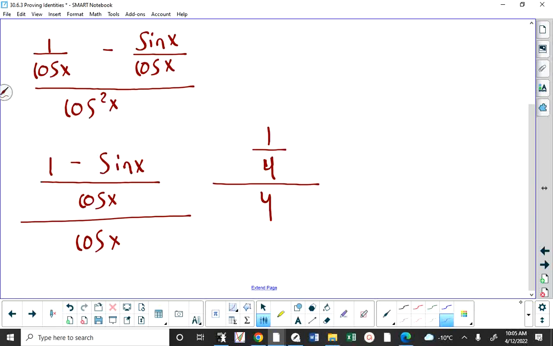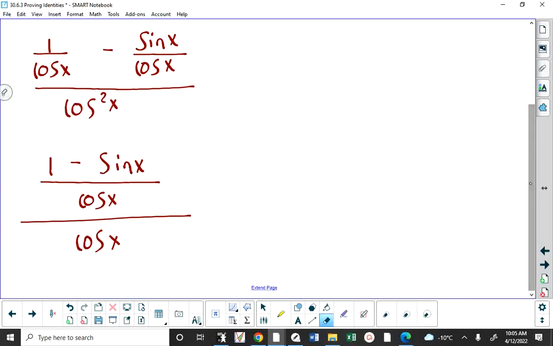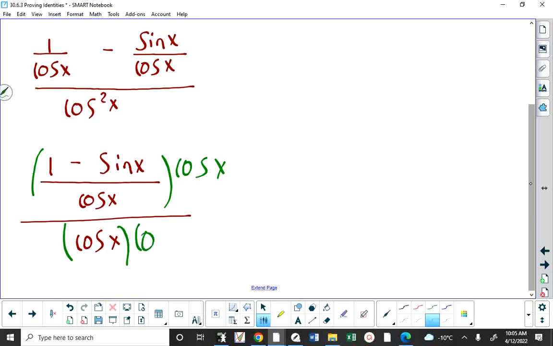If you want to stay with this and simplify this, then you have to multiply the top and the bottom by cos of x. Yes, and that's the point. You're going to get 1 minus sine x over cos squared of x. So be very careful with your thinking of canceling stuff.